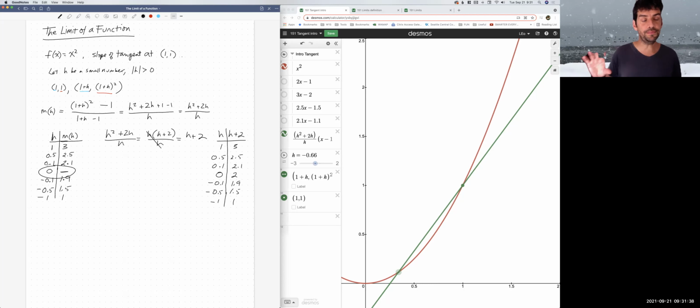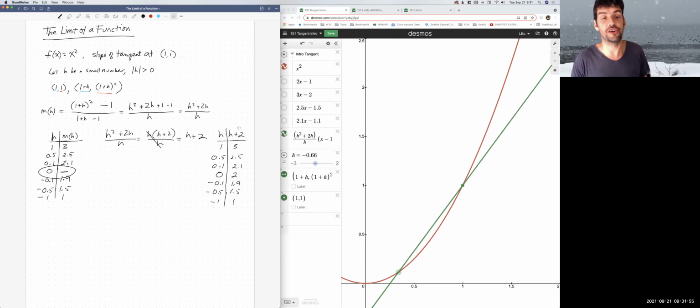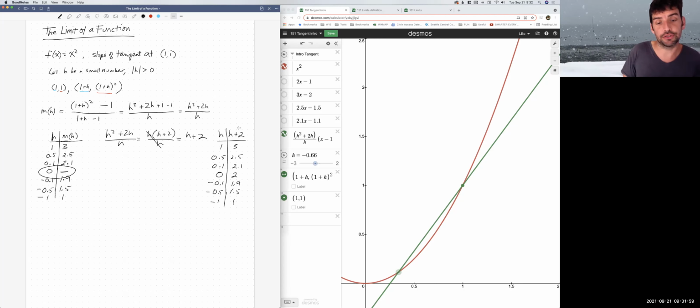And so this is giving us a little preview of one of the ways in which we'll manipulate these things called limits. The big idea here is that this thing on the left, m of h, does exactly what h plus 2 does, right? This h squared plus 2h over h. As you get closer and closer to h equals 0, they both get closer and closer to 2.